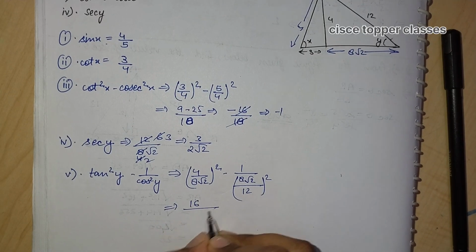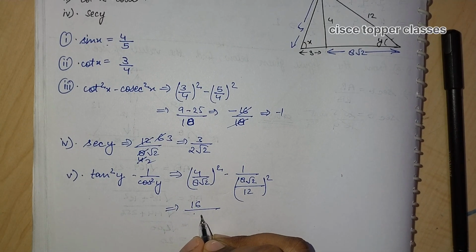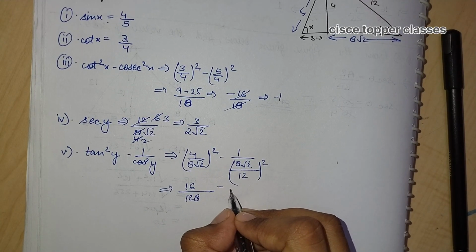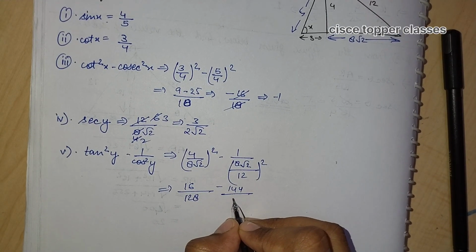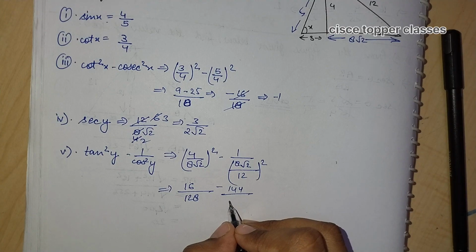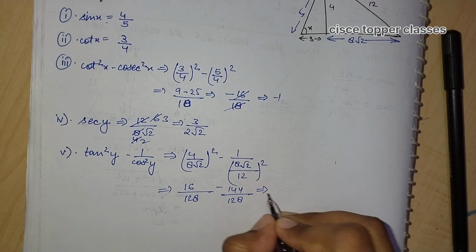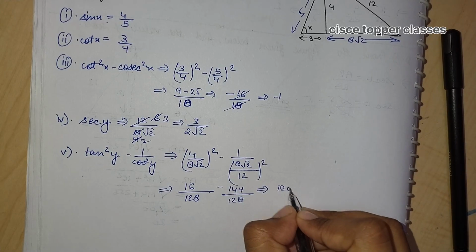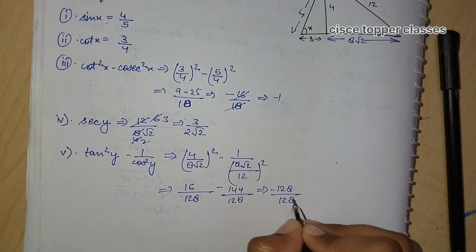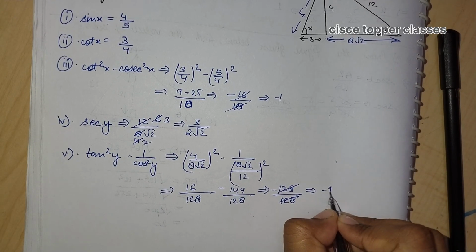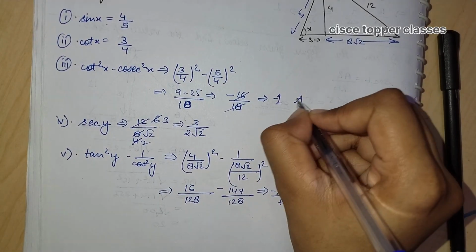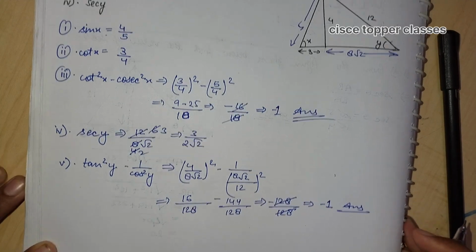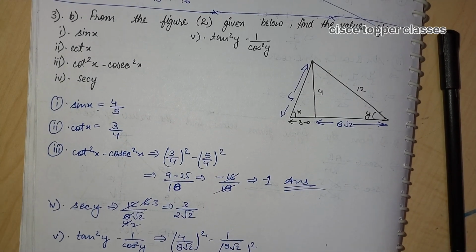So 16 divided by 64 into 2, minus 144 divided by 64 into 2, which will be 128. So 16 minus 144 will be, we can write, 128 divided by 128. So this will be minus 1 is the answer here. So this is the answer of the fifth part, and this is the solution of third second part.